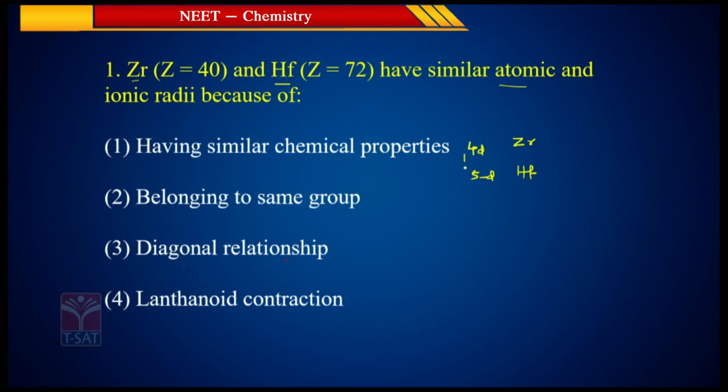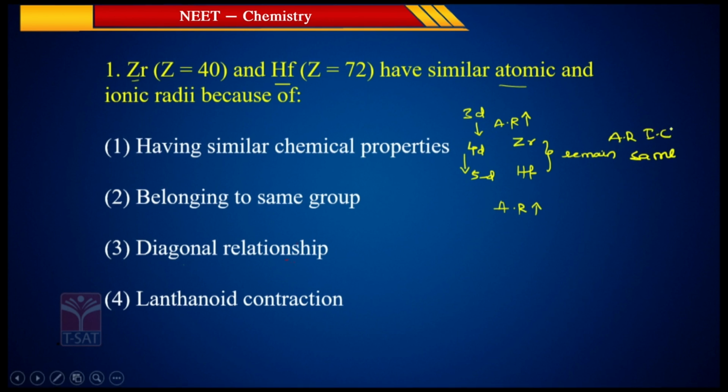While coming from top to bottom, atomic radius should increase, right? But from 3d series to 4d series, atomic radius will increase, a regular pattern. But from 4d to 5d, atomic radius as well as ionic radius will remain the same. Why? Due to lanthanide contraction.